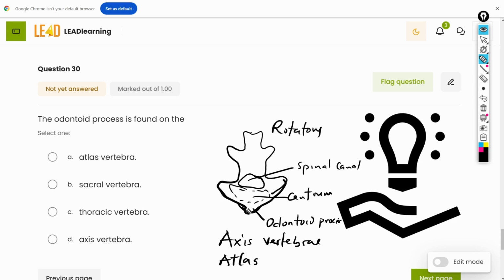So it's a point of attachment to the atlas. So this odontoid process is found in the axis vertebra, and that gives us option D as our correct answer.